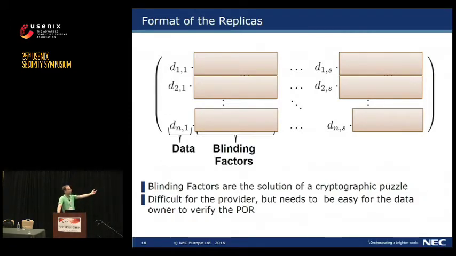From the puzzle, we extract some blinding factor, which basically is the solution of the puzzle, and multiply it to the data to generate one replica. So D11 to DNS is the file split into blocks, and the blocks split into sectors. And one sector is then the size of the RSA modulus.